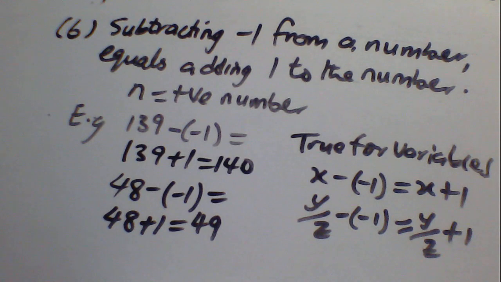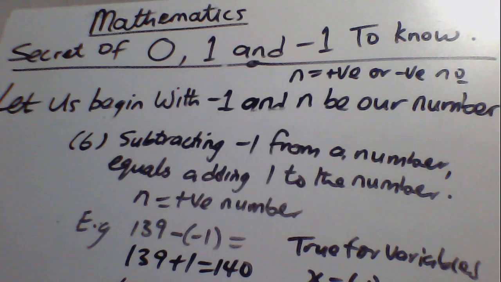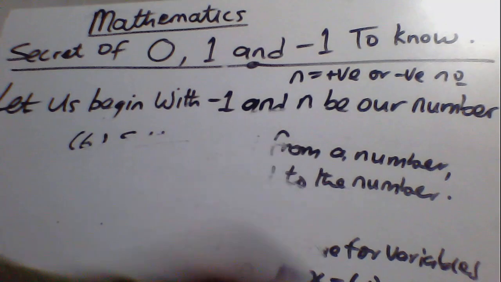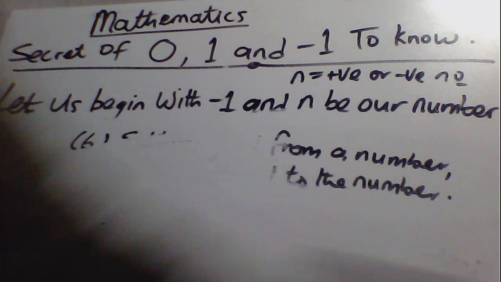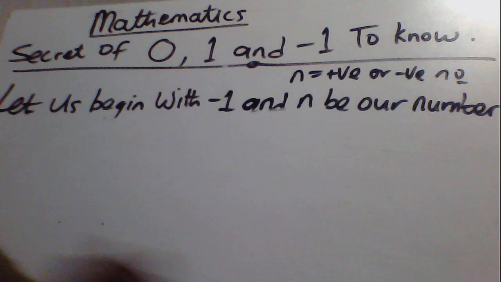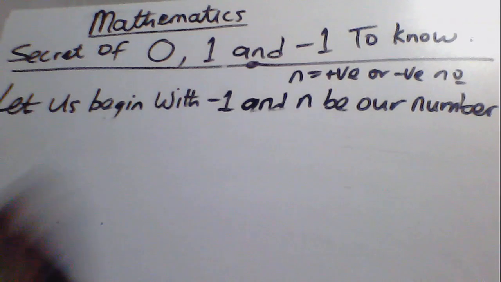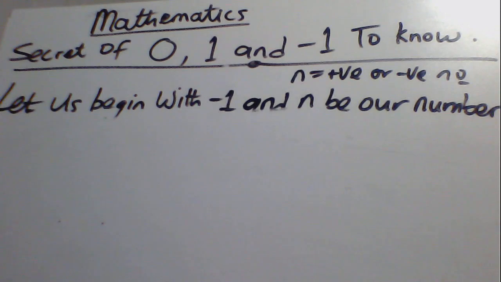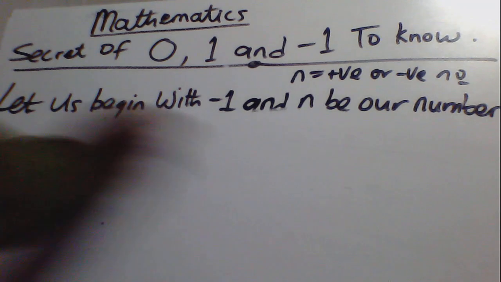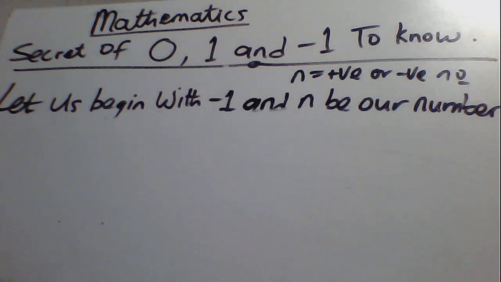So let's look at the next one. The next is subtracting minus 1 from a number when the number is a negative number. The result is equal to the decrease of the number by 1 multiplied by minus 1.